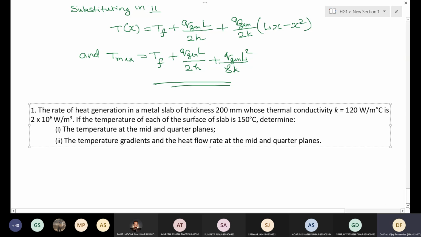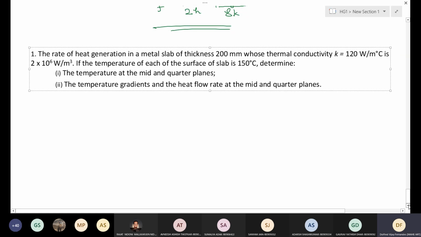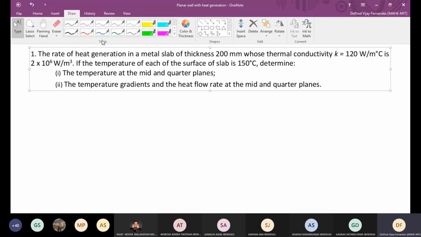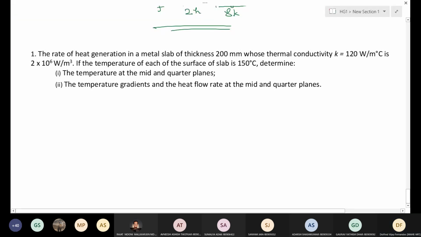So T wall is given. Simply use expression 2 and obtain the temperature profile, then substitute the X value.